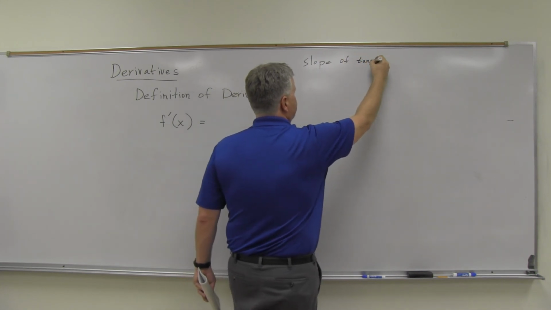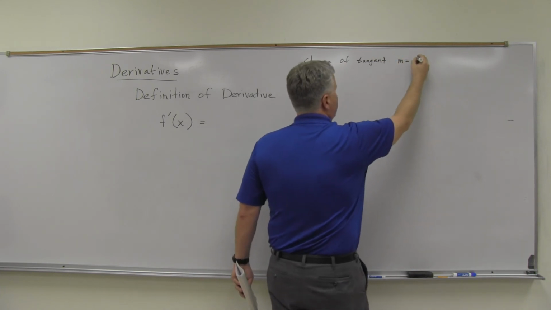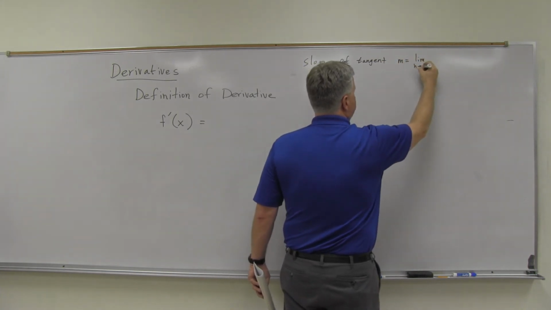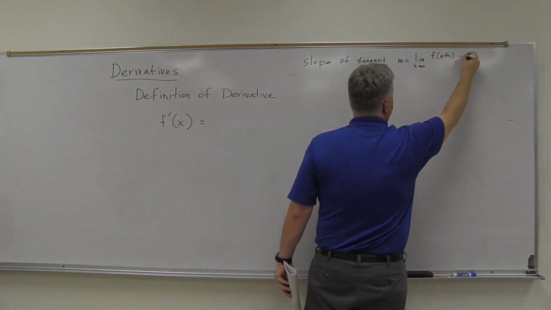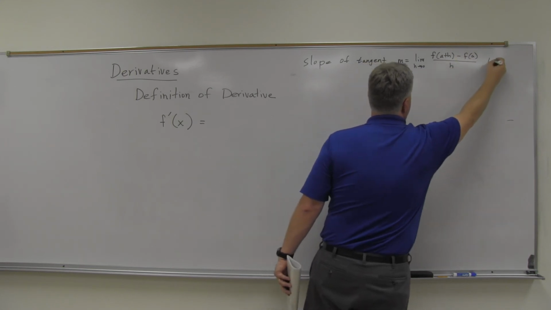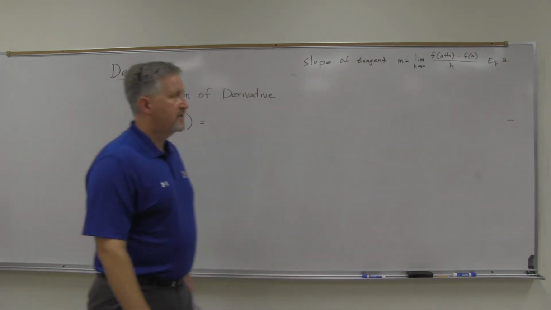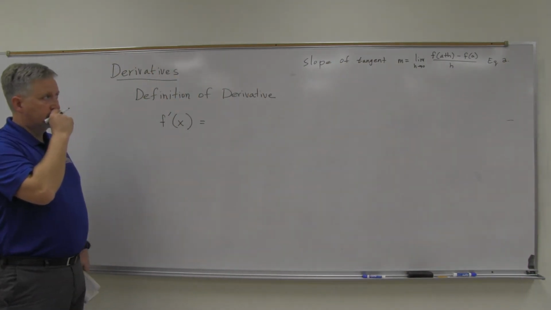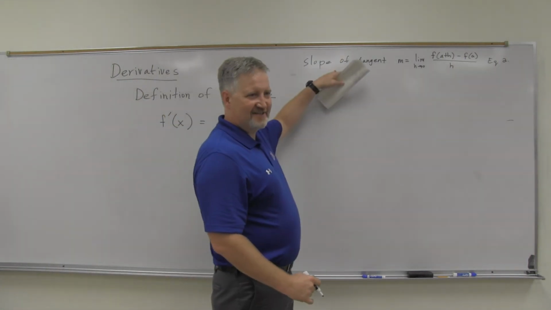The slope of the tangent was, by definition 2, m equals the limit as h approaches 0 of f of a plus h minus f of a over h. That was equation 2. Remember that? Well, derivative is the slope of the tangent.